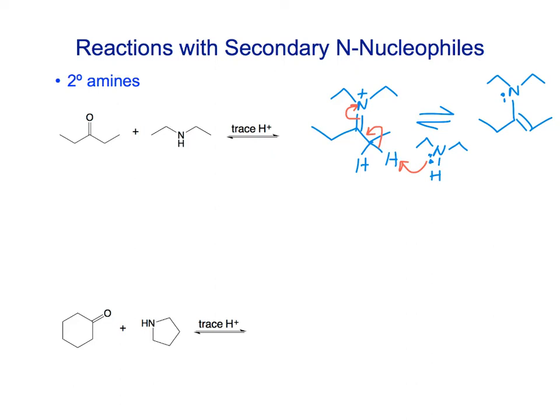Ene. And we have an amine, so this is called an enamine. So when we react a ketone or an aldehyde with a secondary amine, we get an enamine.